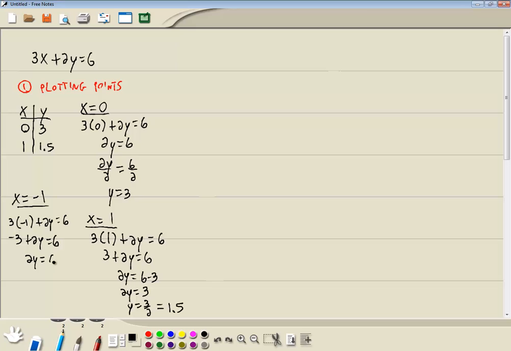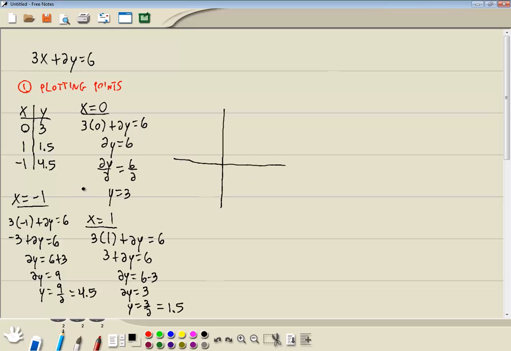Take the -3 over, it becomes a positive 3. So we got 2y is equal to 9. Divide both sides by 2 and get y is equal to 9 halves, or in decimal form, that would be 4.5. So we'll have (-1, 4.5).